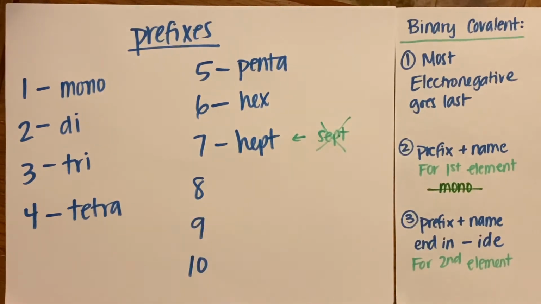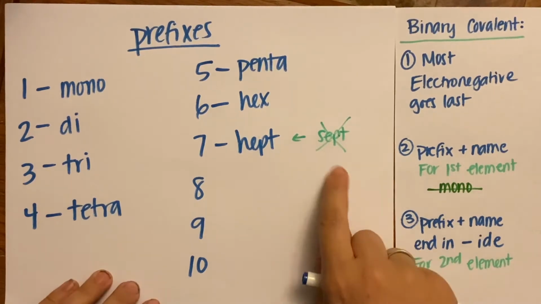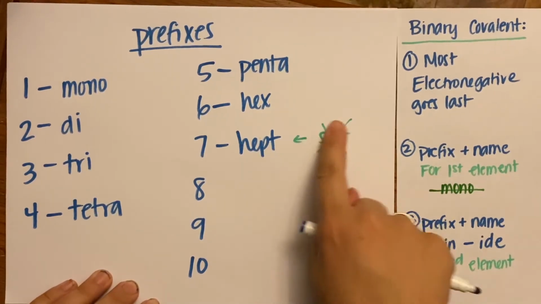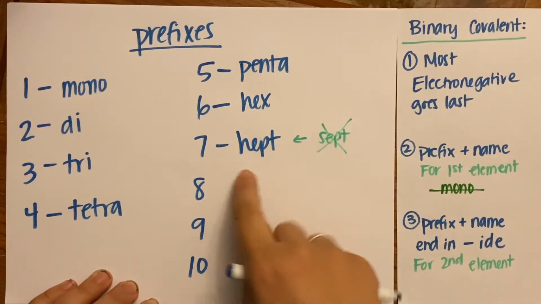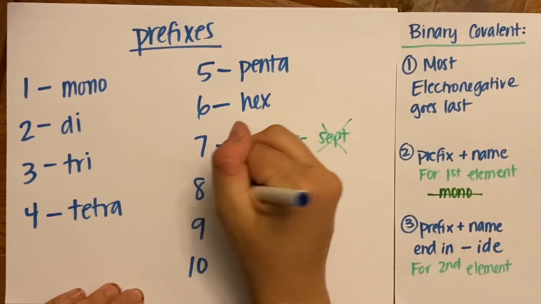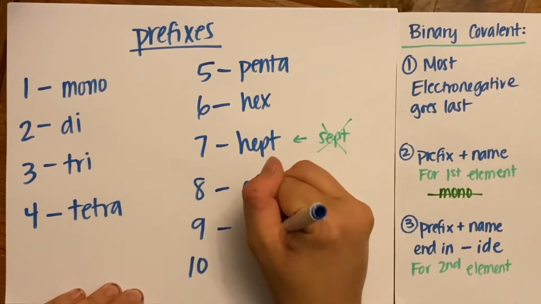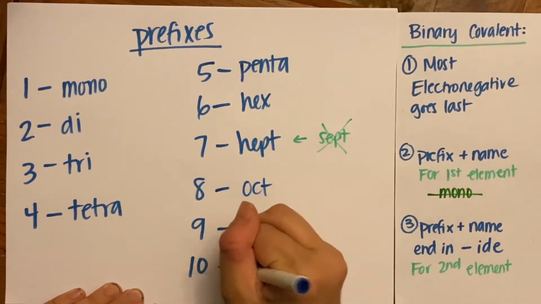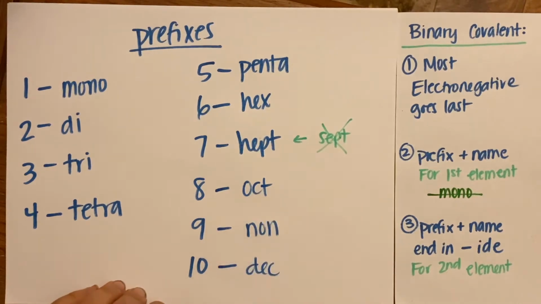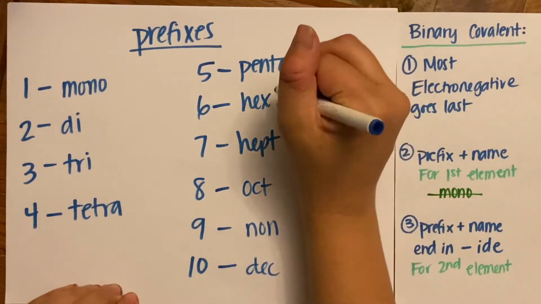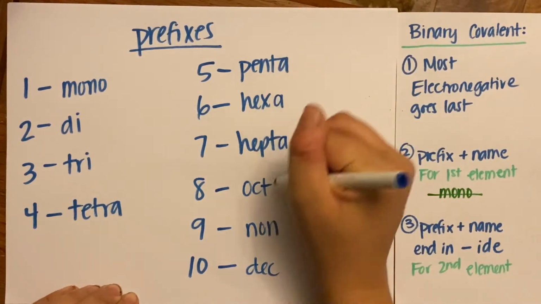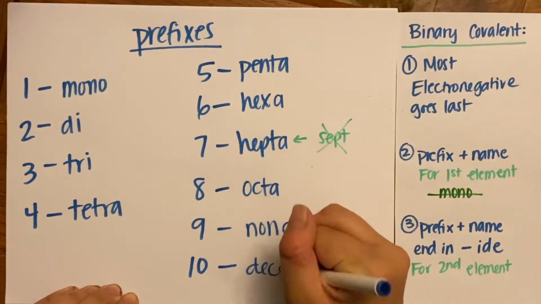I don't know where that comes from, but every year I get someone saying sept. So no, it's hept, with an H. 8 is oct, like an octagon. 9 is a nonagon, and 10 is a decagon. I guess all these actually end in A: hexa, hepta, octa, nona, decagon.